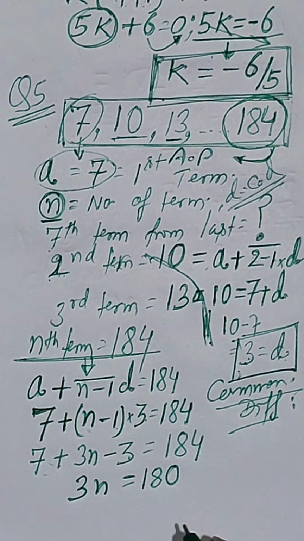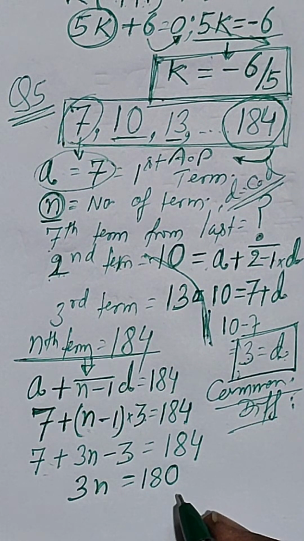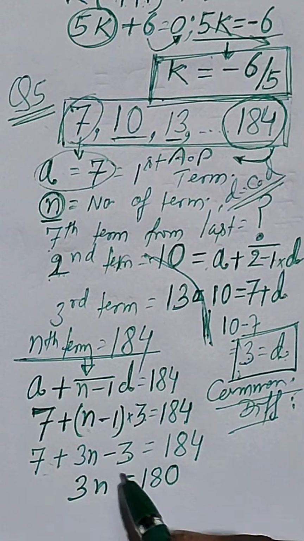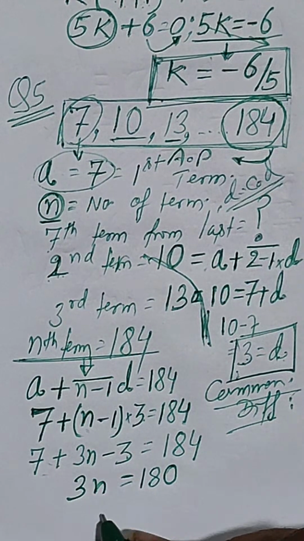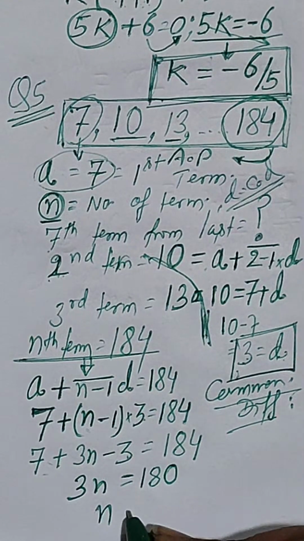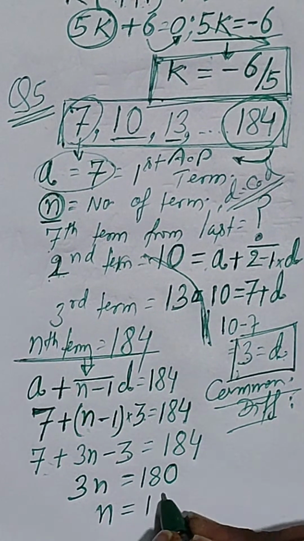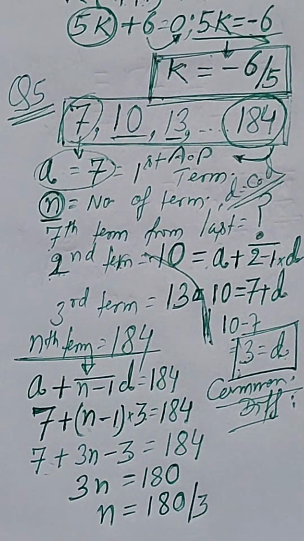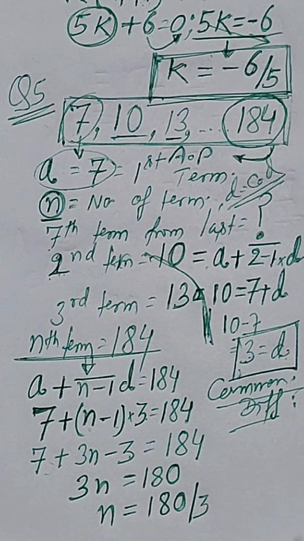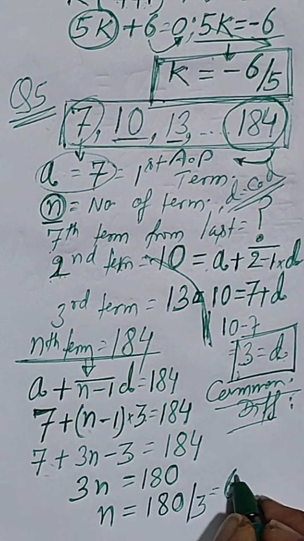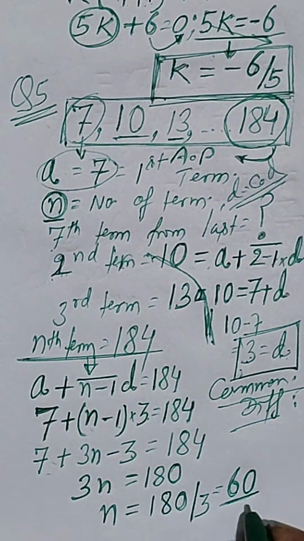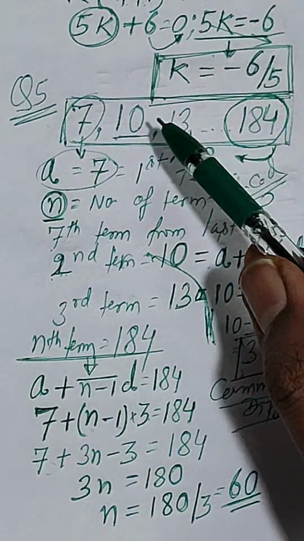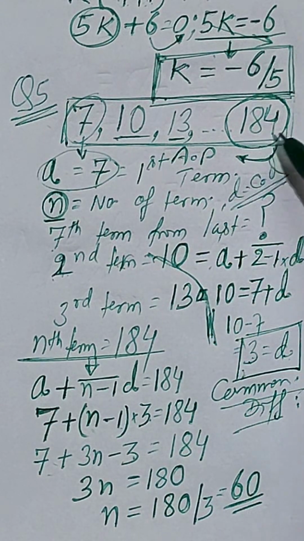So the value of n is calculated as 180 divided by 3, which comes as 60. That means this AP has a total of 60 terms.